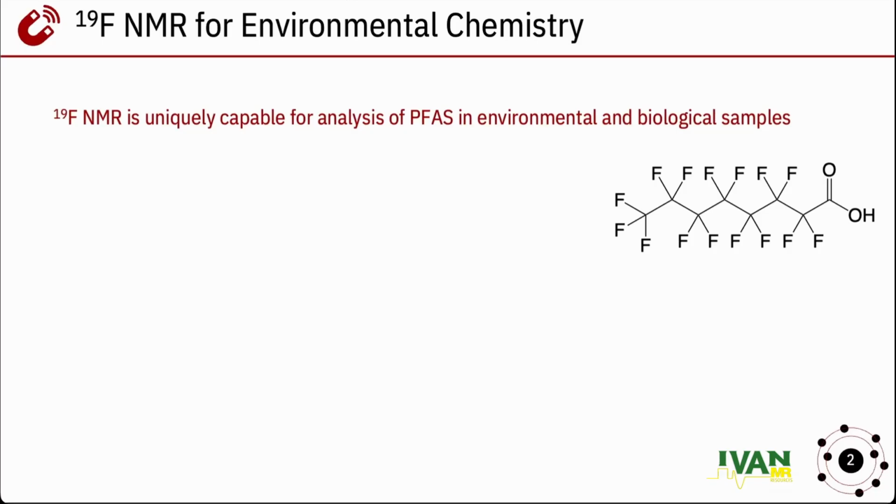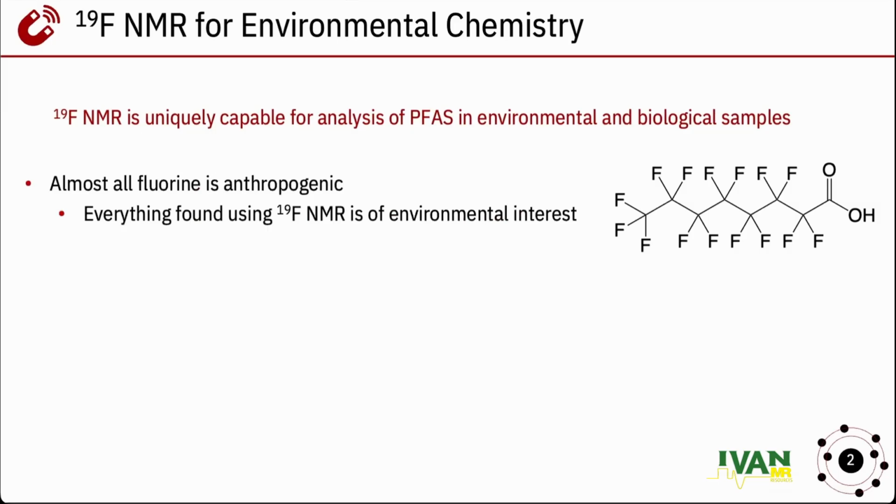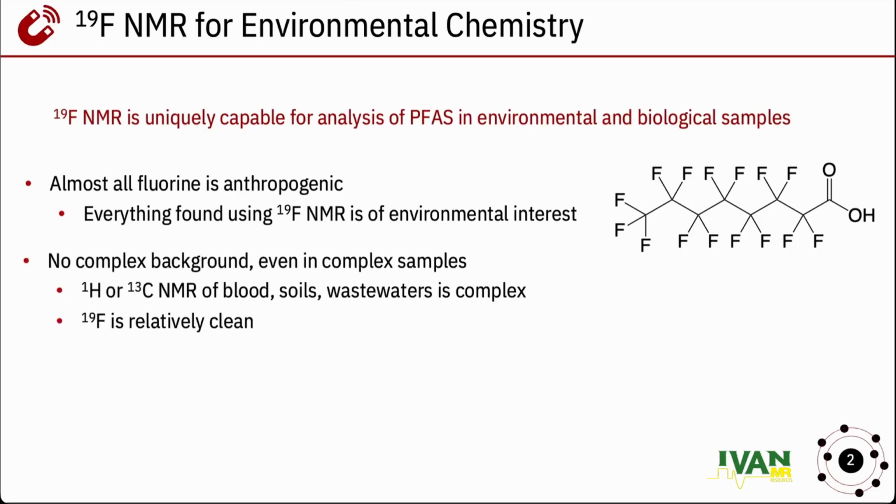One of the nice things is that almost all the fluorine out there in the environment is anthropogenically derived. So any time there's a chemical shift that shows up in the fluorine spectra, it's generally of environmental interest.